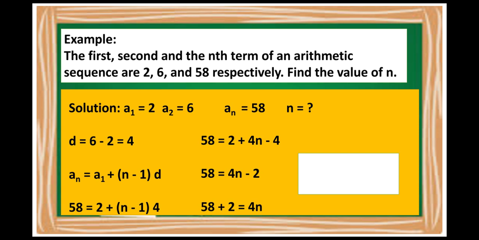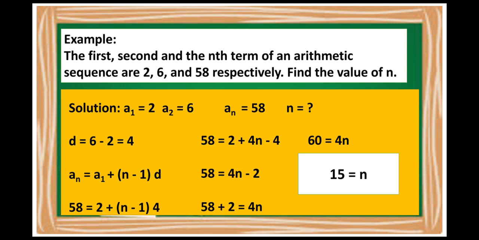We get 58 plus 2 equals 4n, or 60 equals 4n. Dividing both sides by 4, we get the value of n is 15. Alright, so we have solved for the value of n.